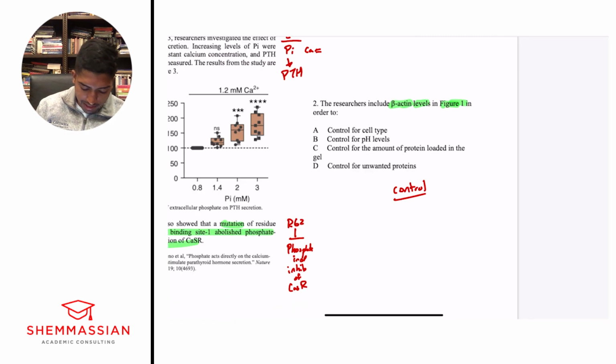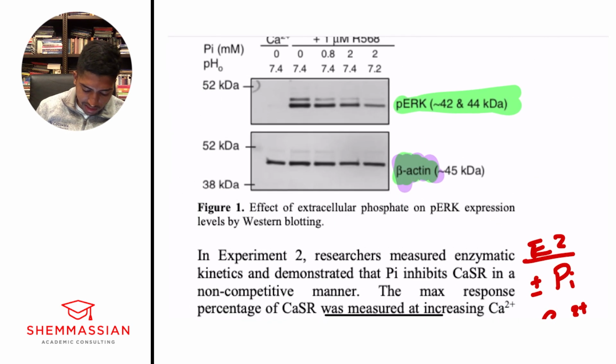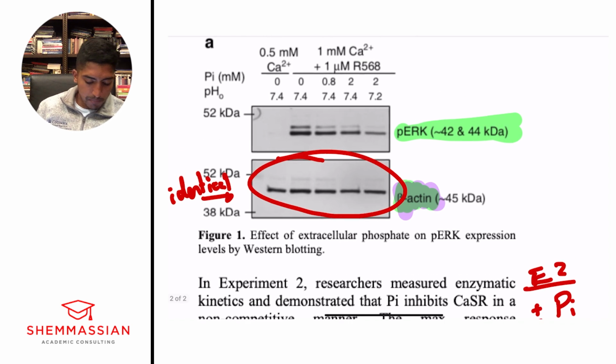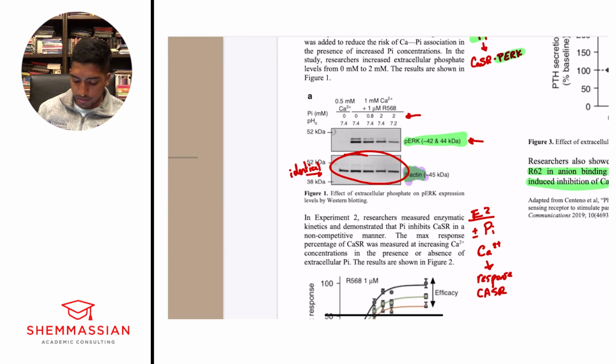And so the goal is to make sure that each of these lanes looks identical. And so I'm just going to circle that because we want these to be identical. And that's the purpose of our control. It's a loading control to make sure that everything looks the same beyond the only thing we change in our experimental setup, which is the PI levels, right? This is what we're changing, and this is what we want to see changed. And so we're removing confounding variables in that sense.